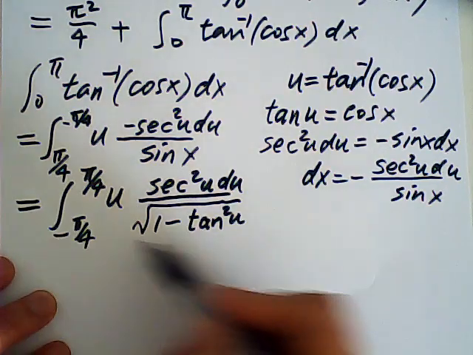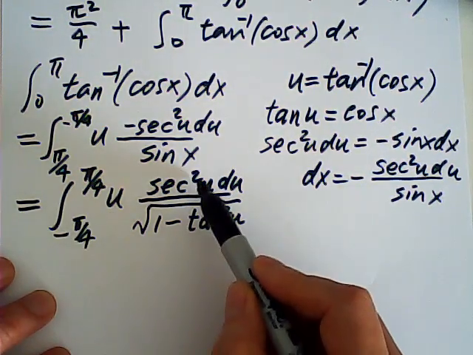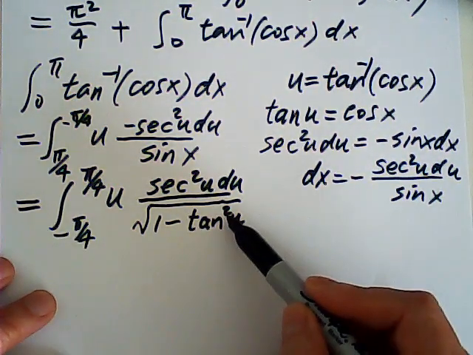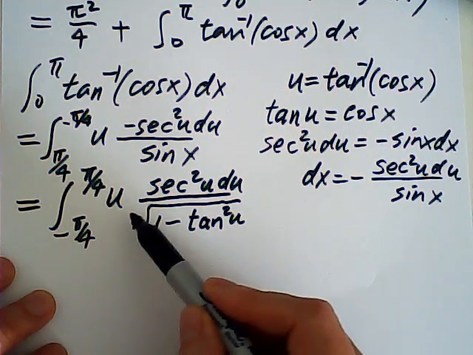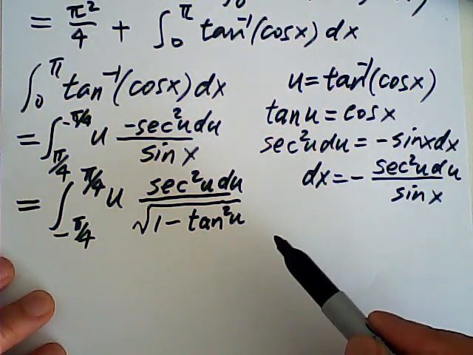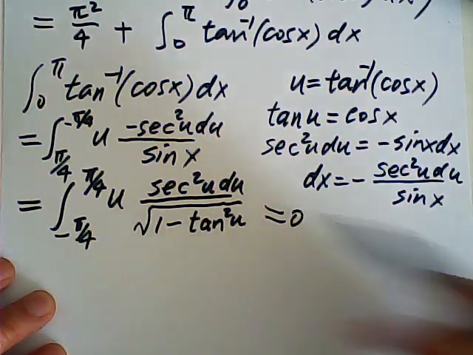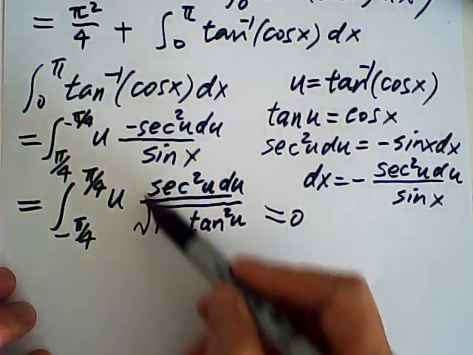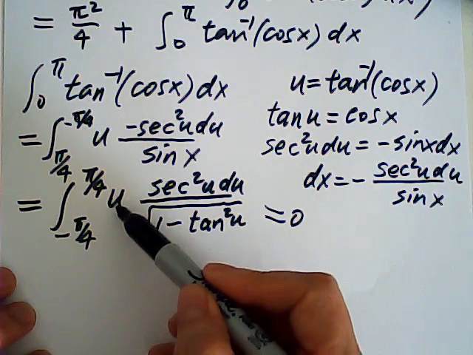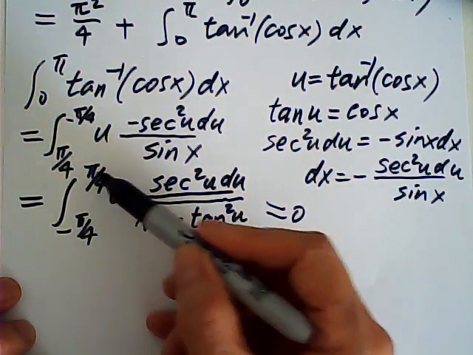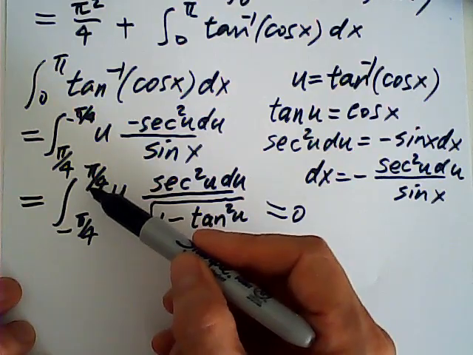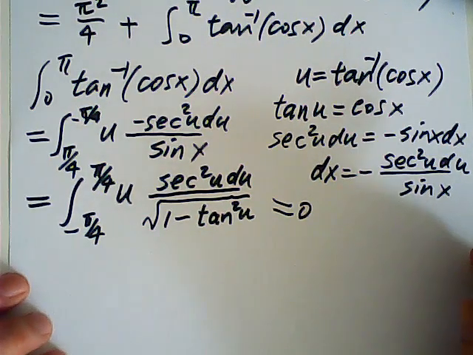Now, this integrand function, this is a square, this is a square, this is a u, not a square. Therefore, this is an odd function. So for this equal to 0, see? This is an odd function, square, square, not square. Then integrate from minus quarter pi to positive quarter pi, it will be 0.